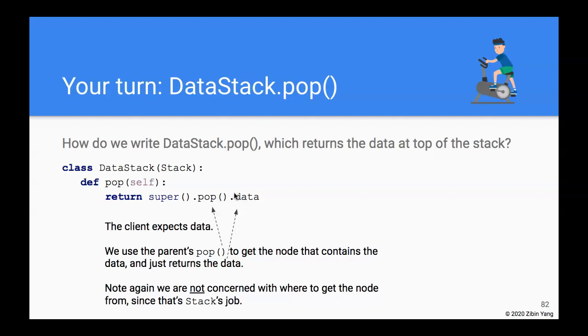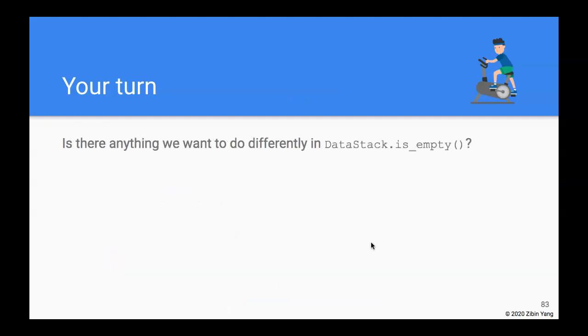And this is another example of encapsulation, that here we are not concerned with how to get the top of the stack, but we just use the stack's pop method to get that node, and then we just deal with the data in the DataStack.pop method. And the next question is, what do we do with DataStack.isEmpty?